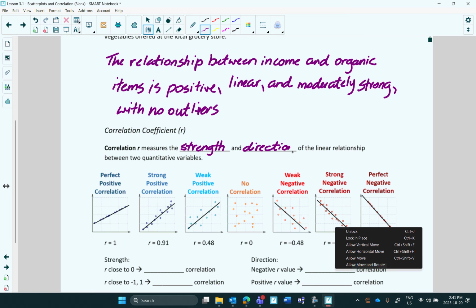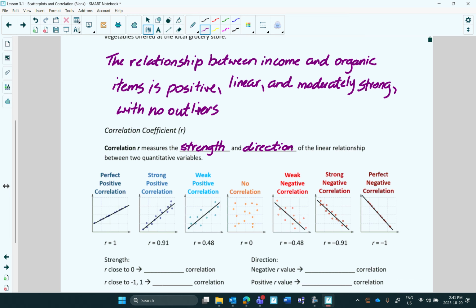This number will always be from -1 to 1. 1 means a perfect positive correlation. -1 means a perfect negative, just like you see here. If there's no correlation, then it's 0. These perfect ones are pretty rare. Well, not the no correlation, that's not necessarily rare.